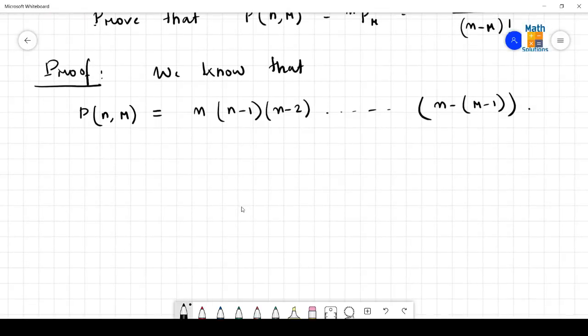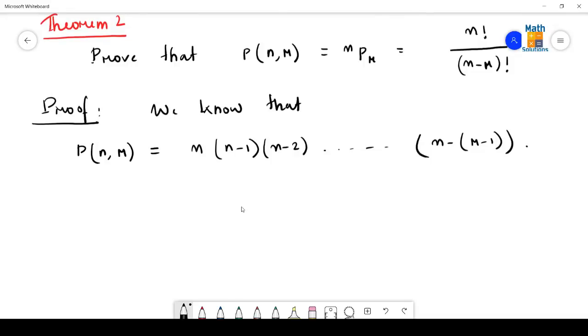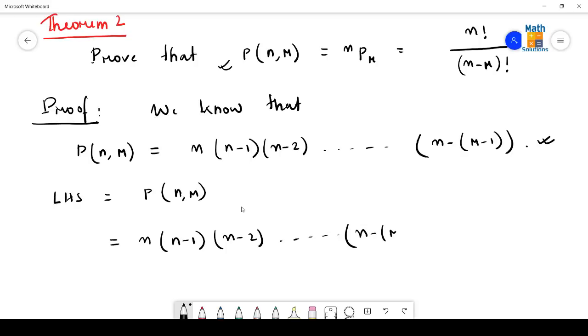If we notice the left hand side, in the LHS I am writing PnR, which can further be written as n into n minus 1 into n minus 2, continuation up to n minus r minus 1. But the term that will come after this n minus r minus 1 is what? It is n minus r.